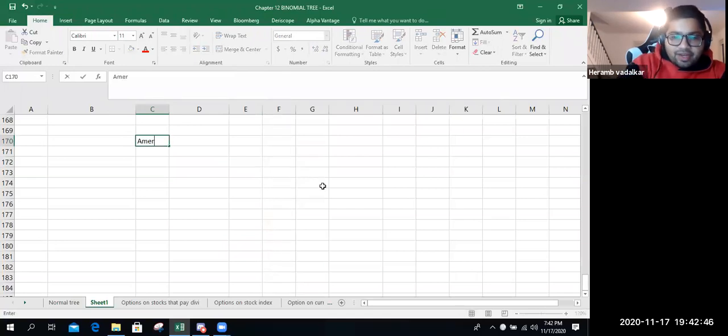If it is an American option, the process is the same, but for a call you use max of calculated value and stock price minus exercise price.